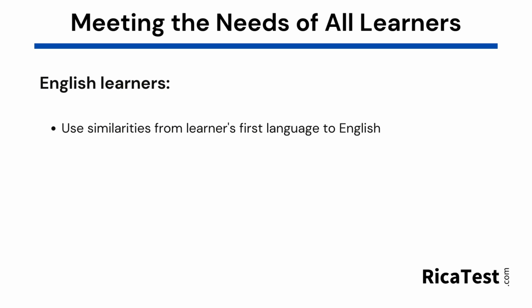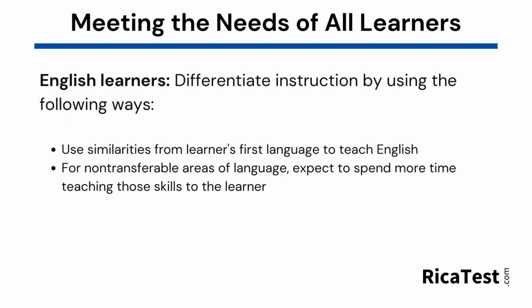Take a quick note here that although finding similarities in the student's first language is helpful, it's not always an easily transferable area. Even if the student's first language is one that does have many transfer points to English, like Spanish, you're still going to expect to find times where the transfer point doesn't naturally connect so well. So be careful of that and know that you'll probably need to spend more time teaching those skills to that learner.